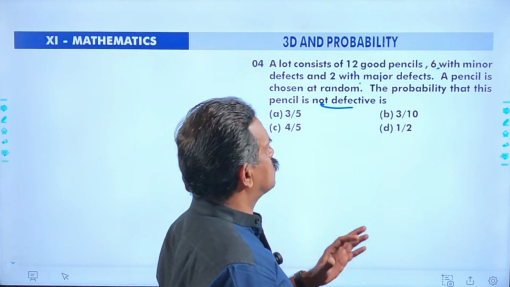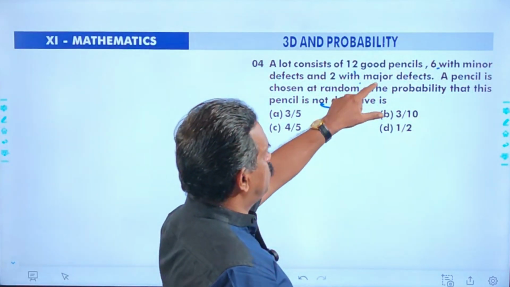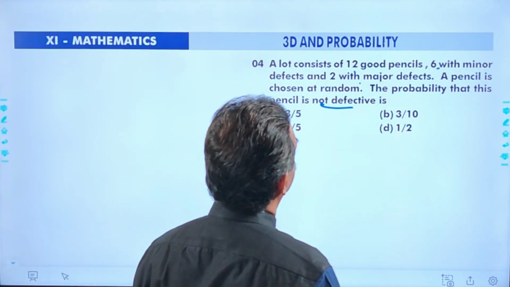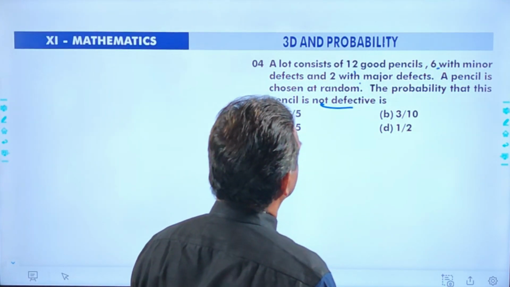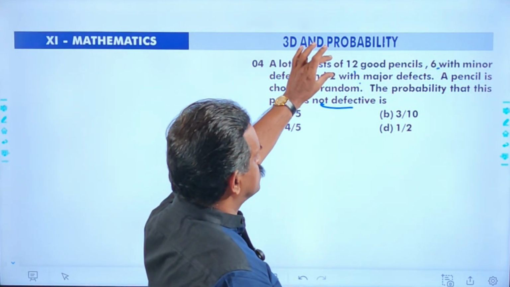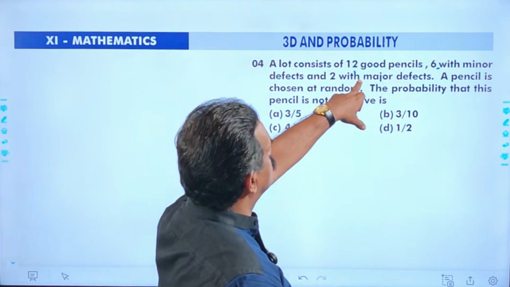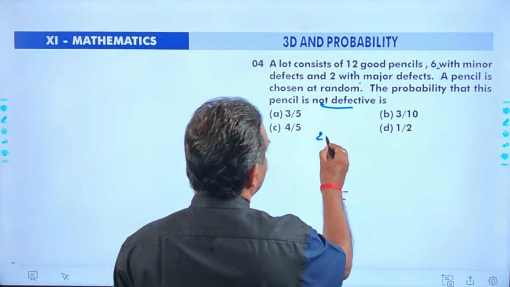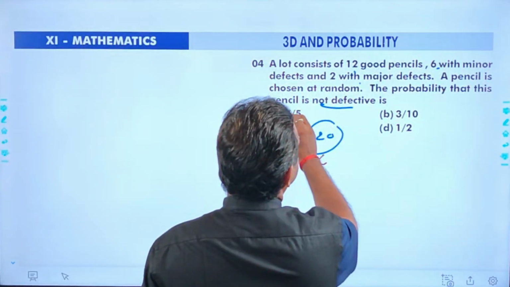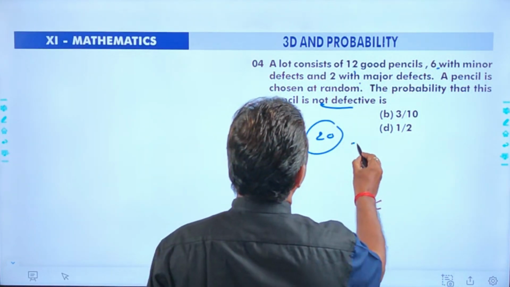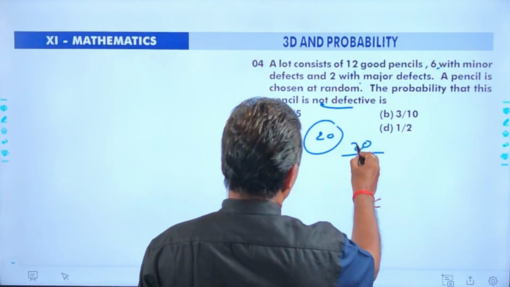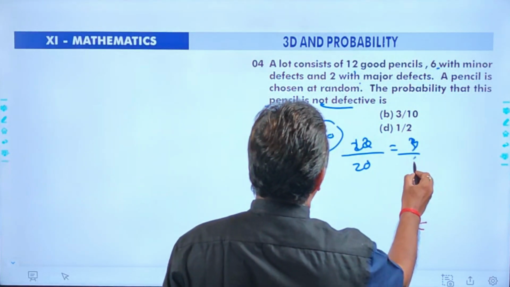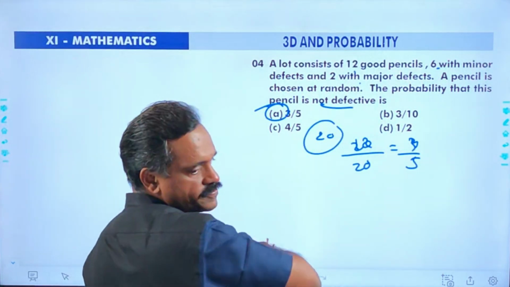There will be 8 defectives and 12 good pencils, so in total 20 will be there. So the probability that the pencil is not defective is 12 by 20, which is going to be 3 by 5. Choice A is the answer.